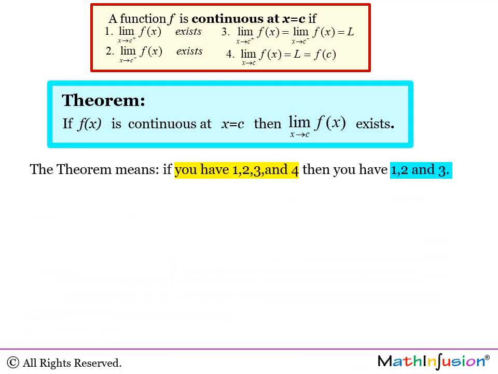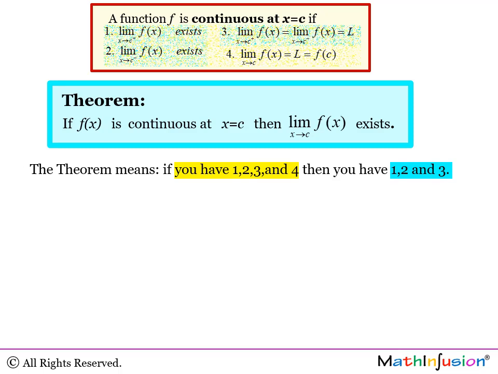Then it is telling us that the limit exists. For limit, you need only to check 1, 2, 3. So this theorem actually claims that if you have 1, 2, 3, 4 as above, then you have 1, 2, 3 as above. But this is clear that if I have all these 4 conditions, then I have also these 3 conditions, and these 3 conditions are promising me that the limit of the function when x approaches c exists.